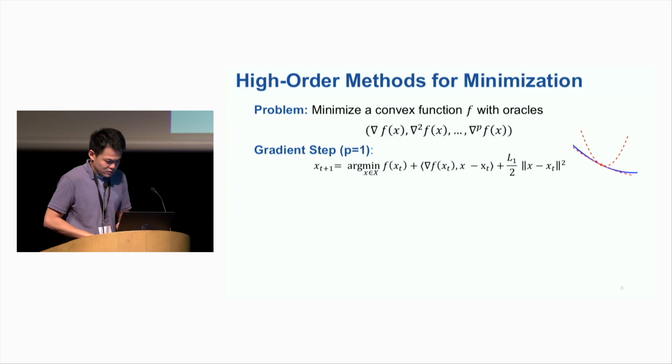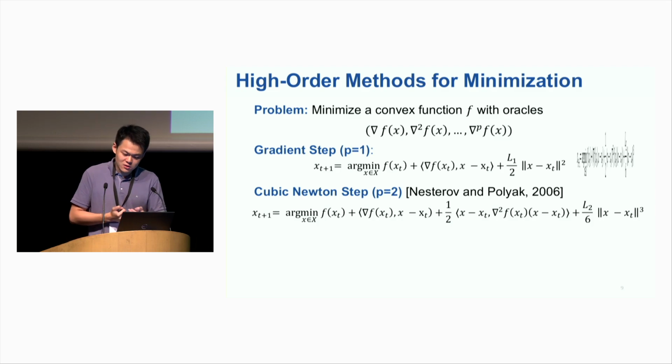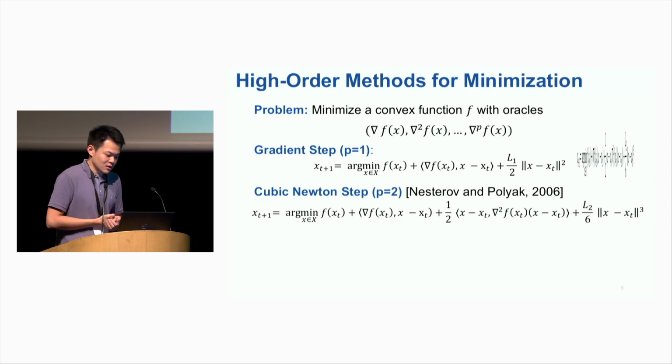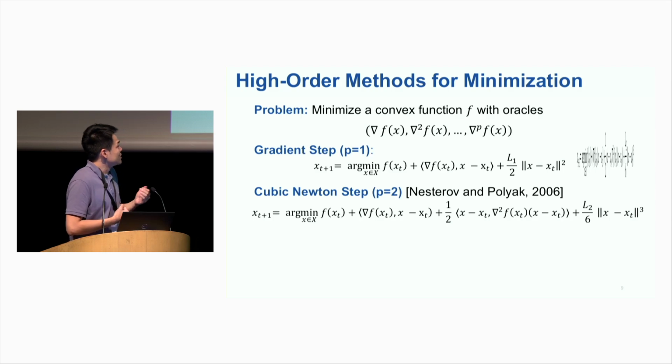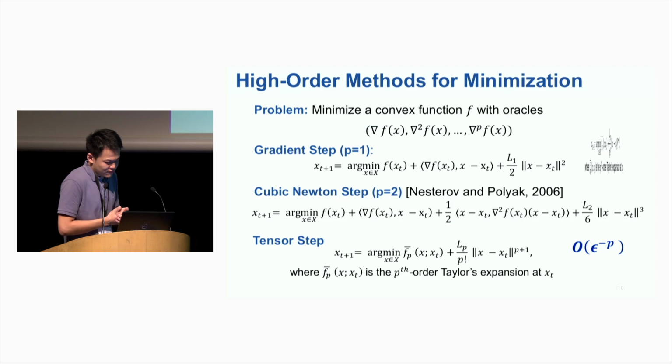And higher order methods, for example by Nesterov and Polyak in 2006, say that instead of doing first order expansion, we can do second order expansion or p-th order expansion. If we have this oracle where we minimize this p-th order expansion and do gradient descent-like updates, this is actually called the cubic Newton step, then we can achieve a faster rate.